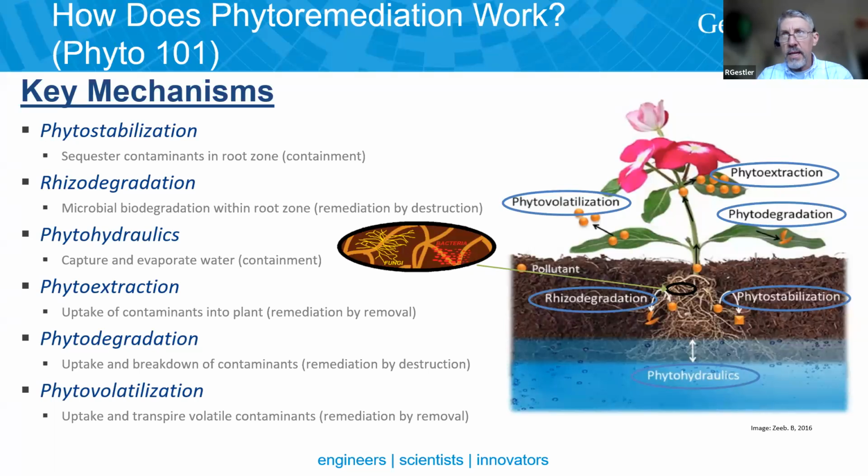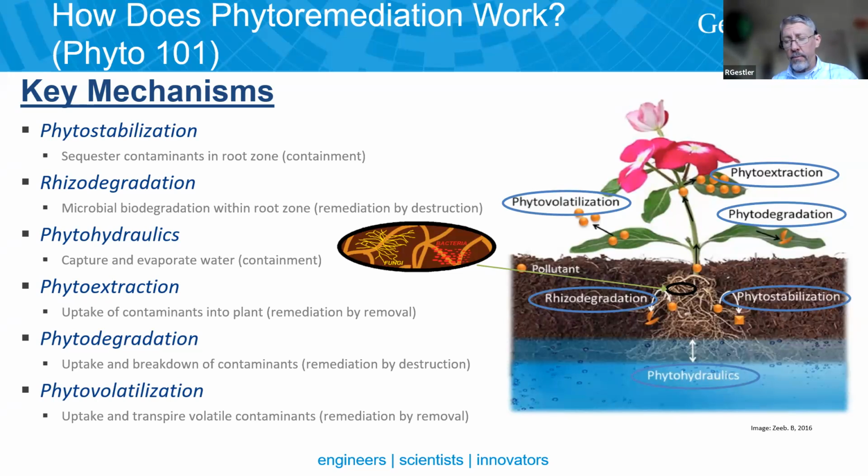So this is the uptake of a pollutant by the plant. It moves through the plant's vascular system and is released to atmosphere at the leaf surface, the process we call transpiration here, where it is then acted upon by either UV light or hydroxyl radicals in the atmosphere.